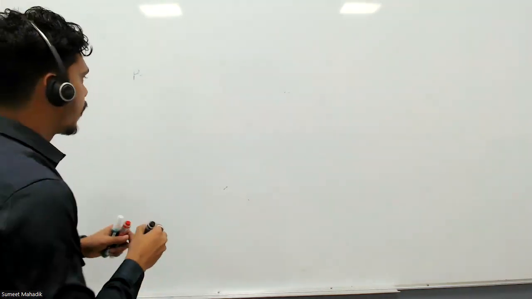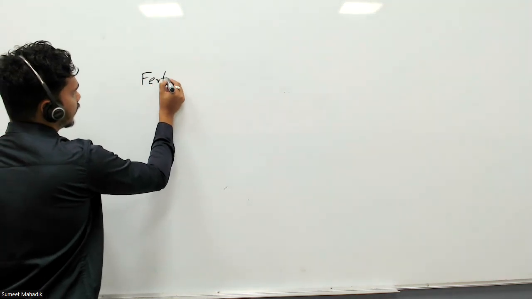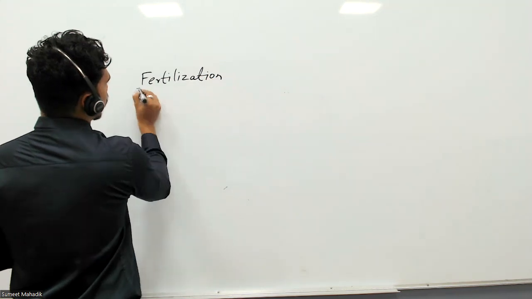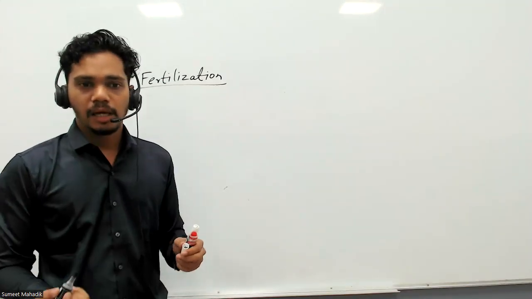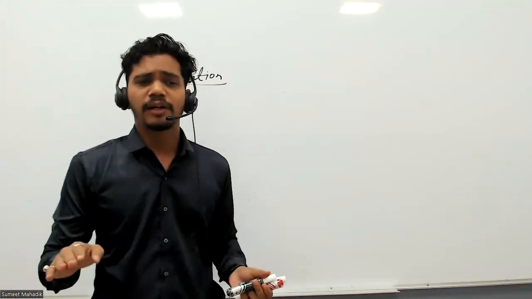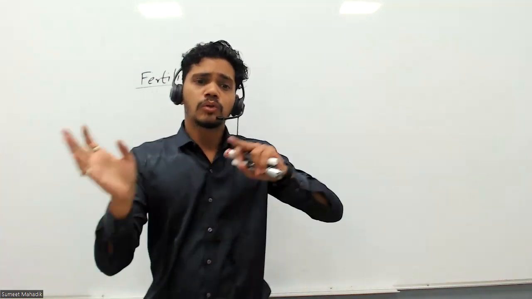Now the moment I talk about fertilization in a plant, what is fertilization exactly? The moment I say fertilization, that means pollination is already done. So pollination is required earlier for fertilization to happen.